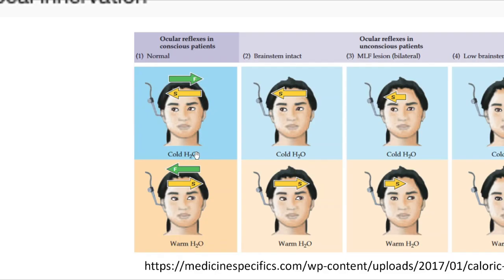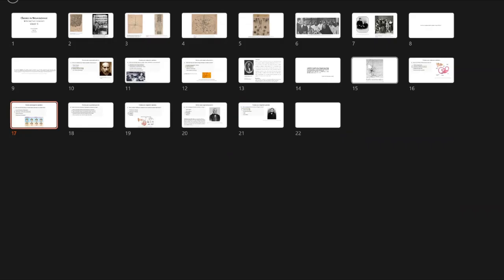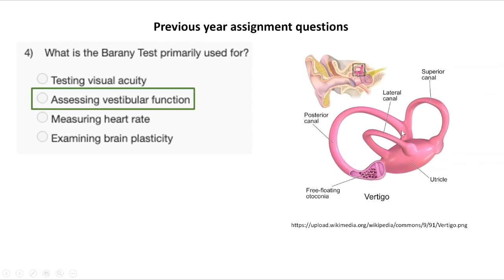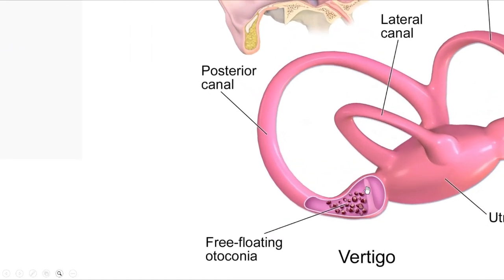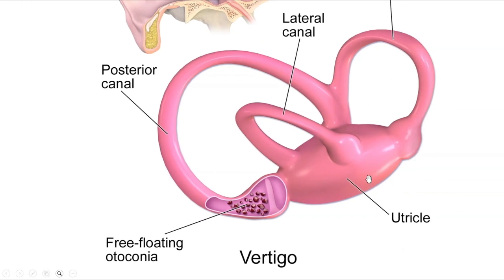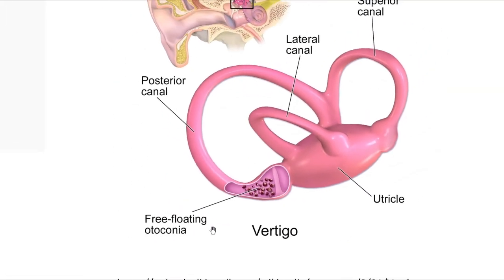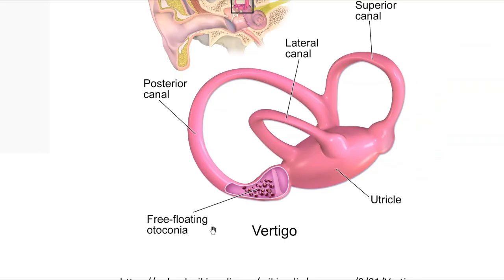And vertigo is also caused by problems in the vestibular system. There are free-floating otoconia, or calcium crystals, that come out of the utricle and into the canal. Because of these crystals, the individual experiences vertigo.